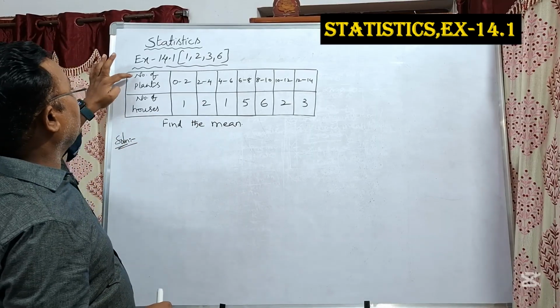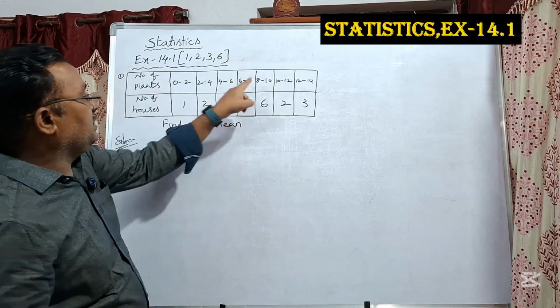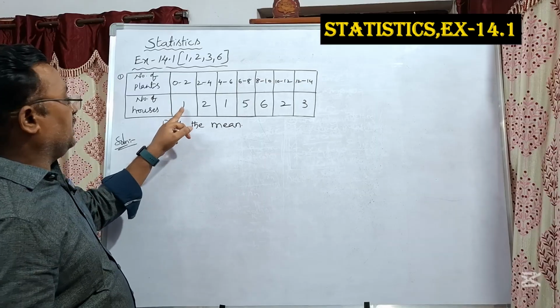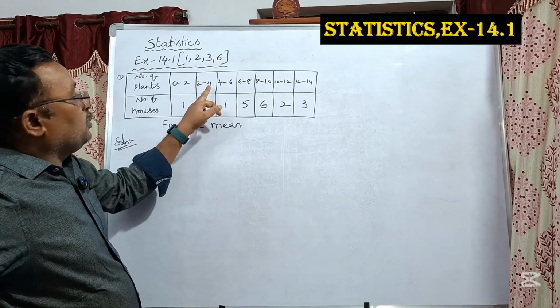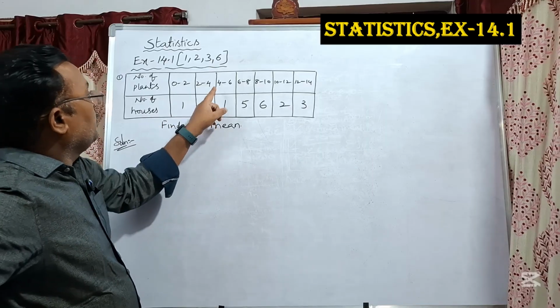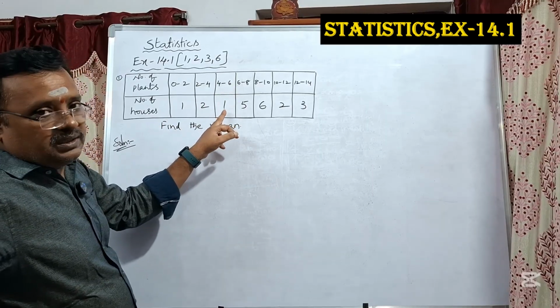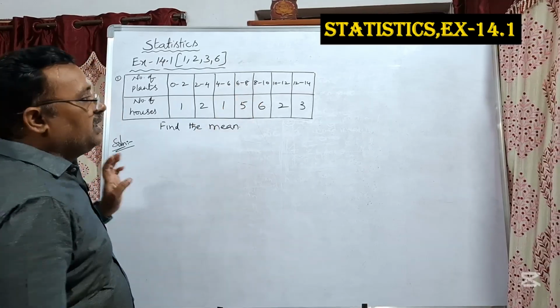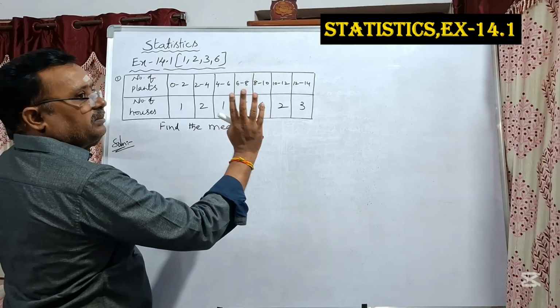What they have given: the number of plants in groups. 0 to 2 plants, how many houses are there? 1. 2 to 4 plants, how many houses in a locality? 2. 4 to 6 plants, 1 house. 6 to 8 plants, 5 houses. Like that they give some data.